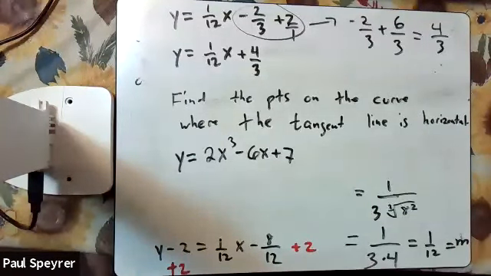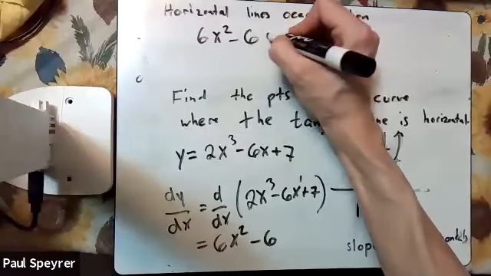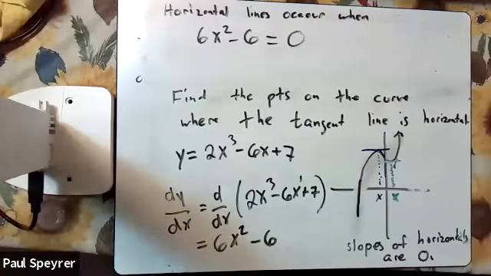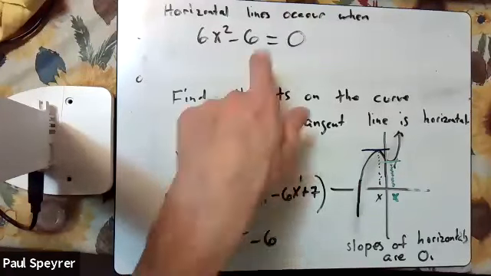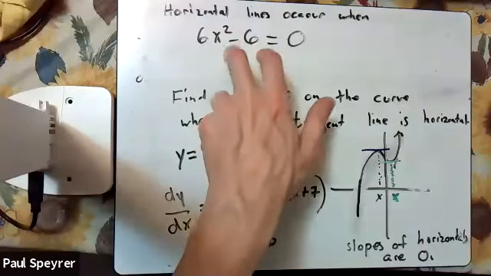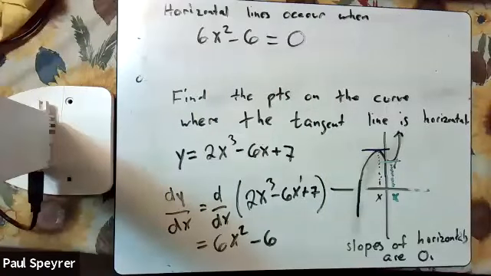Or we can say horizontal lines occur when slope, or in this case, when 6x squared minus 6 is equal to 0. So whatever your first derivative is, that's where the horizontal lines occur when you take that first derivative and set it to 0.